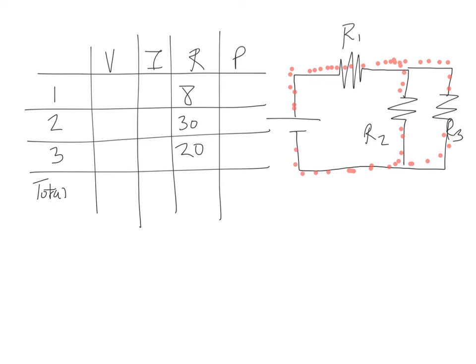So here's my pattern: if I can figure out my total resistance, and I know that my total voltage provided, it says in the problem, is 120, that will give me total current, which I know is the same value for I here. That will help me figure out the voltage used here at R1.